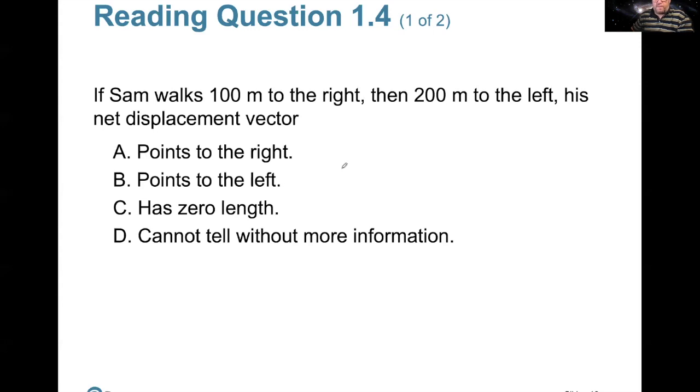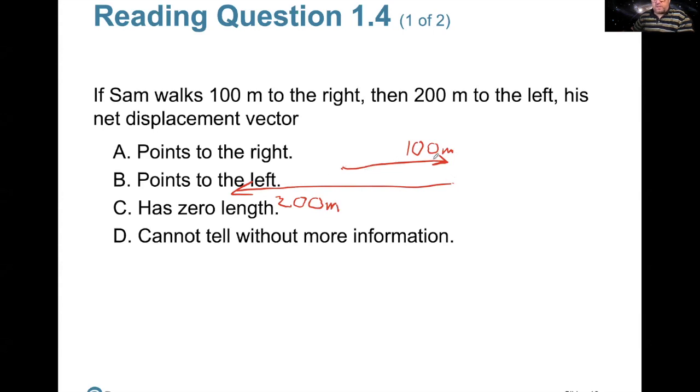Let's draw a picture. So first it says Sam walked 100 meters over here. So we got to draw 100. Using my drawing pad. He walks to the right 100 meters. Then he walks back to the left 200 meters. So he goes this way 200 meters. That's about a meter. Okay.